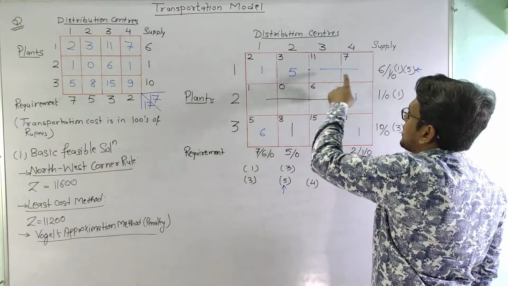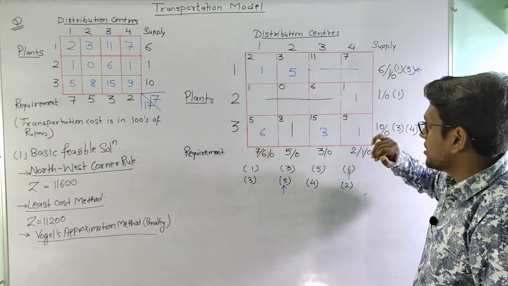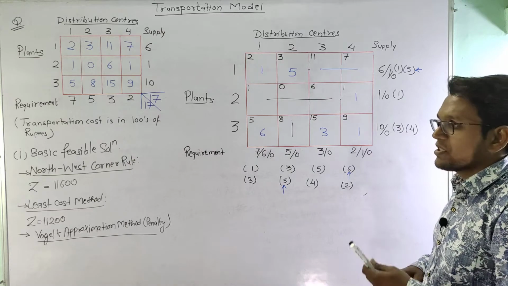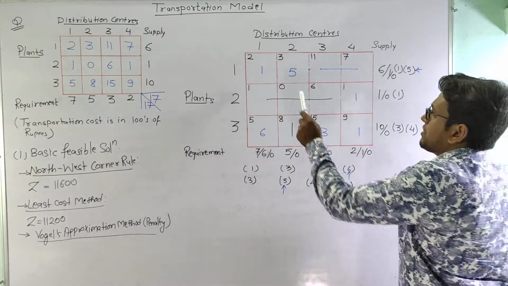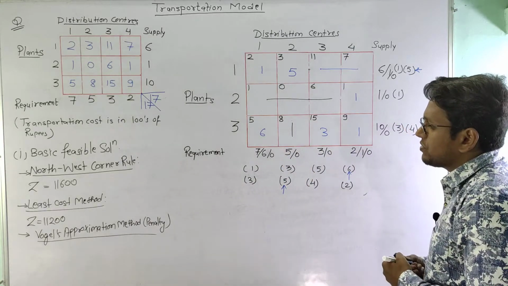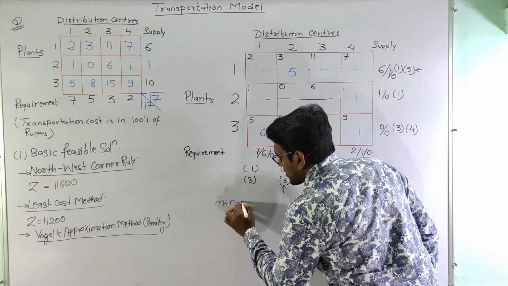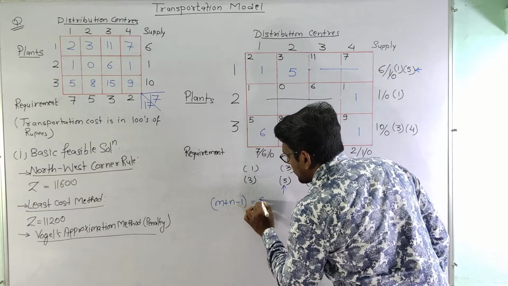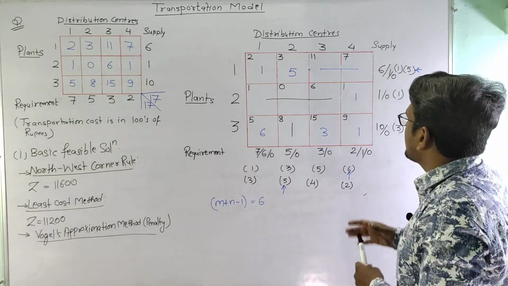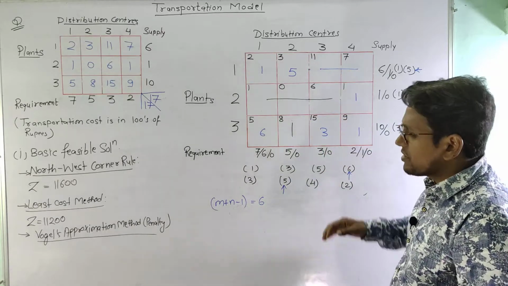So we can see that there is no negative allocation, that means we are fulfilling that particular point. And the third one is we have to have m plus n minus 1 number of allocations. So here we have 1 2 3 4 5 6 allocations, and as we know that m plus n minus 1 number of allocations is equal to 6 for this particular matrix. So we are fulfilling all the criteria for being a basic feasible solution. That means this is our basic feasible solution.